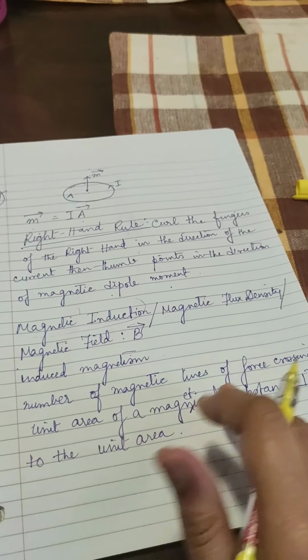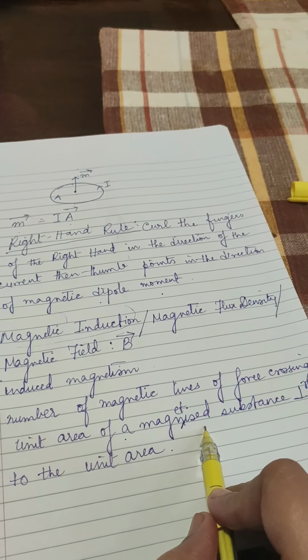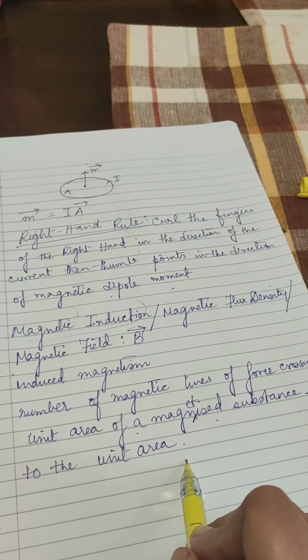The number of magnetic lines of force crossing unit area of a magnetized substance perpendicular to the unit area.